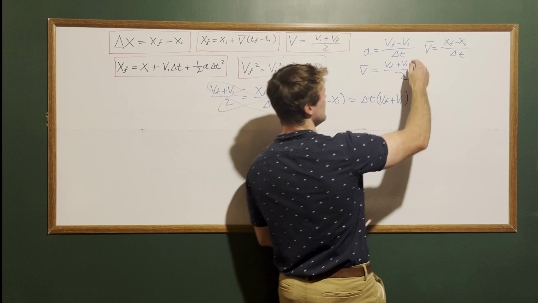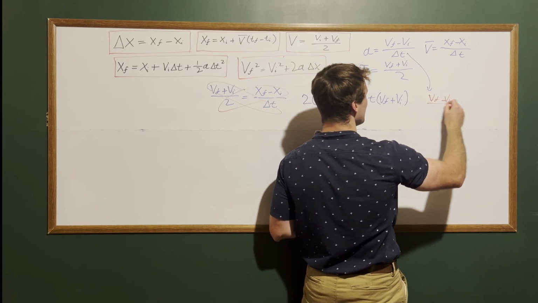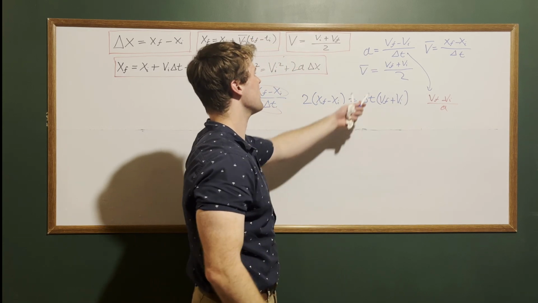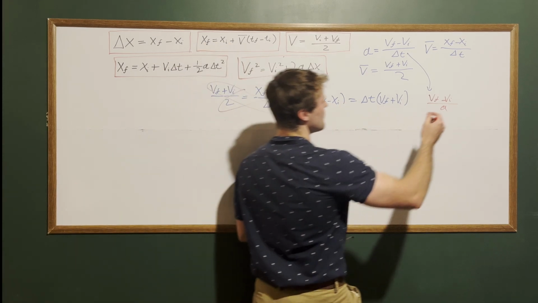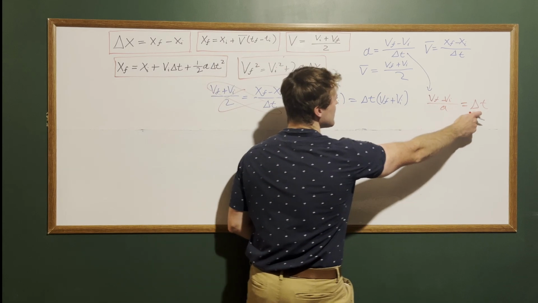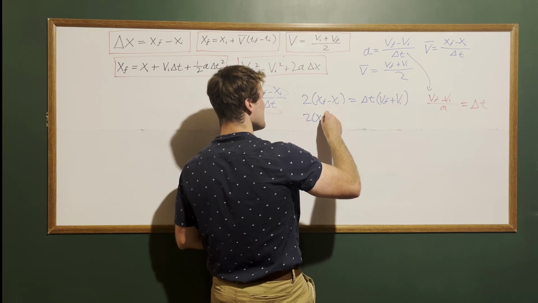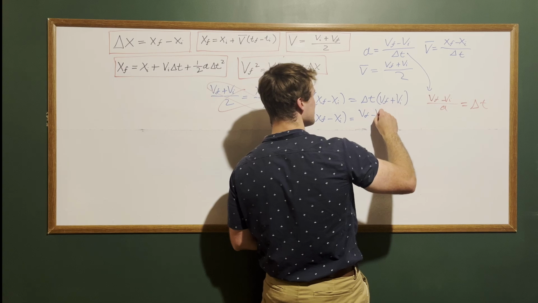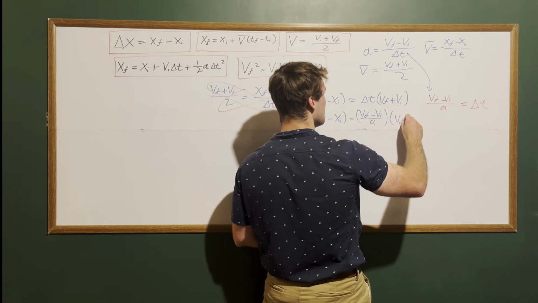Well, delta t via this equation is vf minus vi over a. I just switched these two. You can do that. I could have multiplied both sides by delta t, then divided by a, but I skipped a step. So now, of course, that is equal to delta t. Let's substitute this into here. So we have 2(xf minus xi) equals (vf minus vi) over a times (vf plus vi).